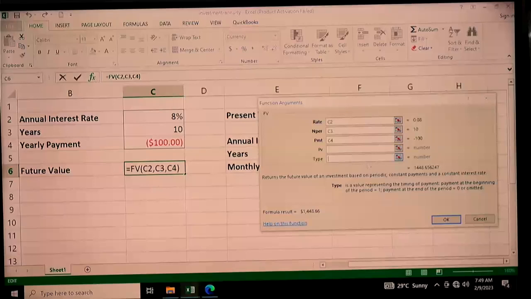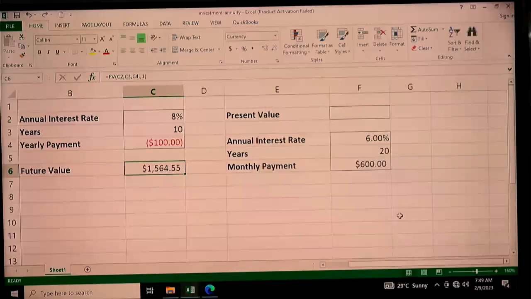So what will happen if the payment was made at the beginning of the month? That is not the loan. If the investment was made at the beginning of the month, we type 1 here. And when you type 1 and click OK, you will realize that the amount will change.